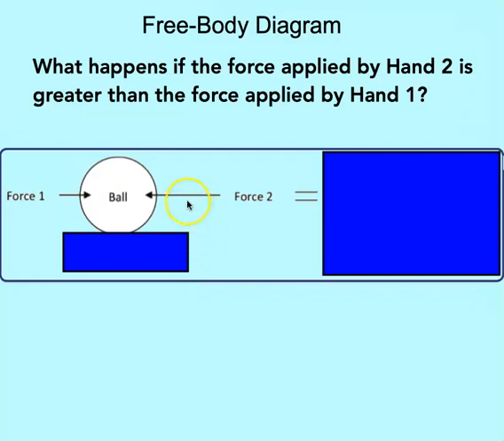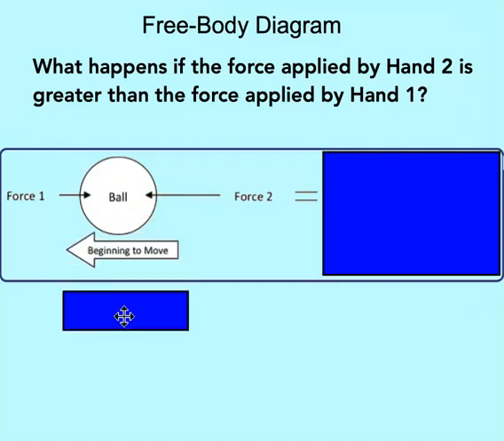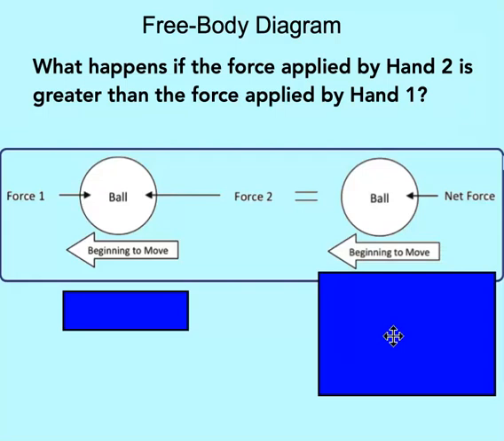However, one arrow is much longer than the other. So will this result in no motion, or will this result in motion? Again, if we have unbalanced forces, we create a net force in one direction, and in this case it will be to the left. Therefore, the ball will begin moving to the left because it has a net force to the left.